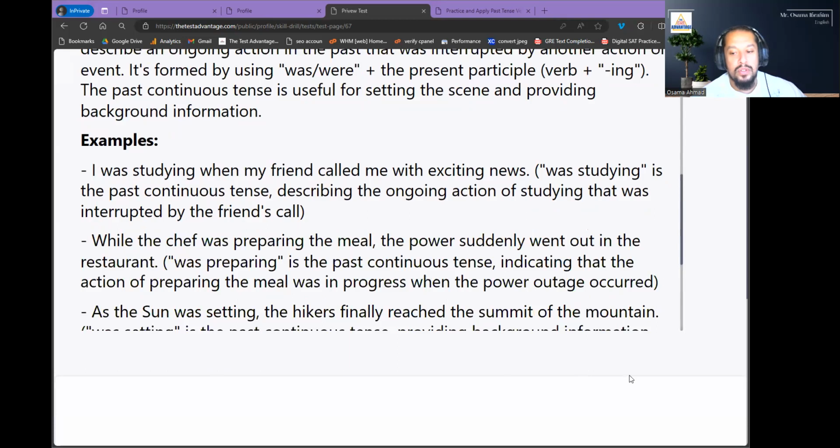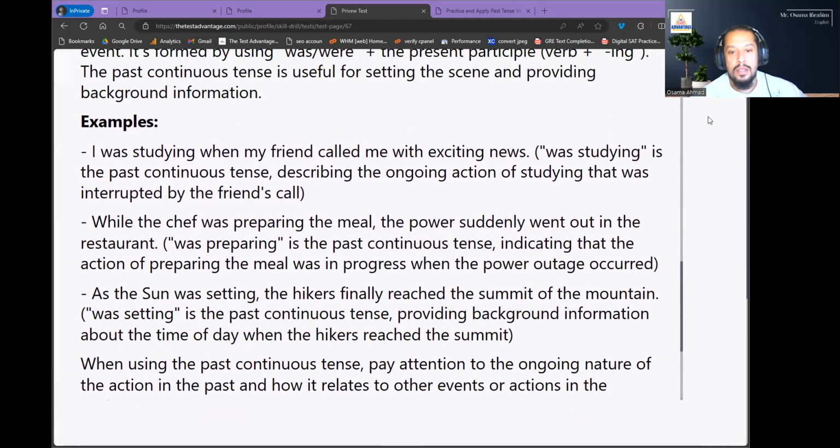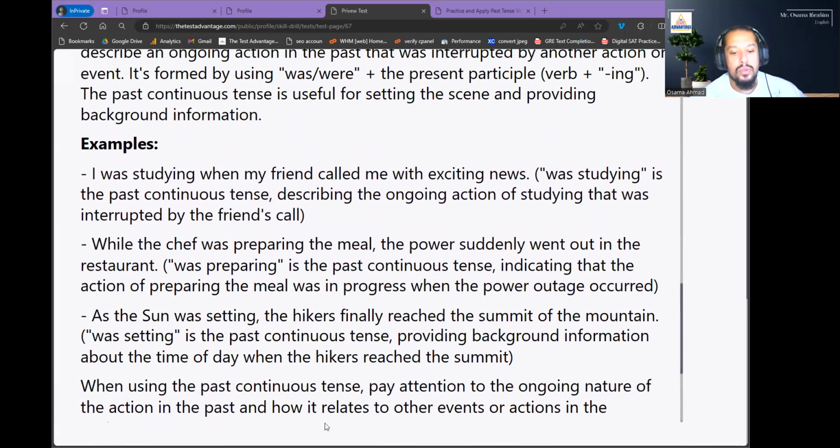So let's see the examples first of all. I was studying when my friend called me with exciting news. You see how she was doing something in the past and then an interruption. So timeline, study, call, and then you continue to study, right?